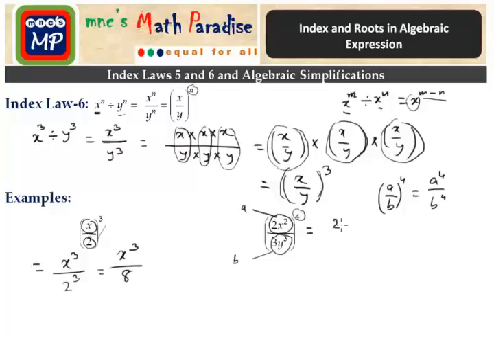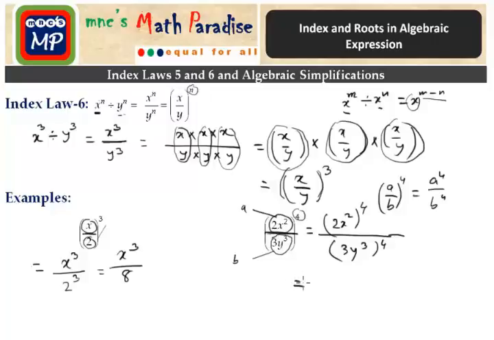So we will get 2x squared to the power 4 divided by 3y cubed to the power 4. That is, the power 4 is on both the numerator and denominator.